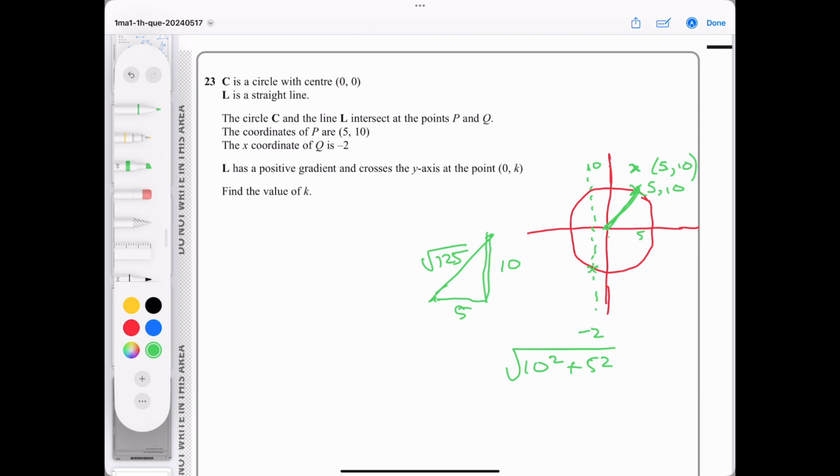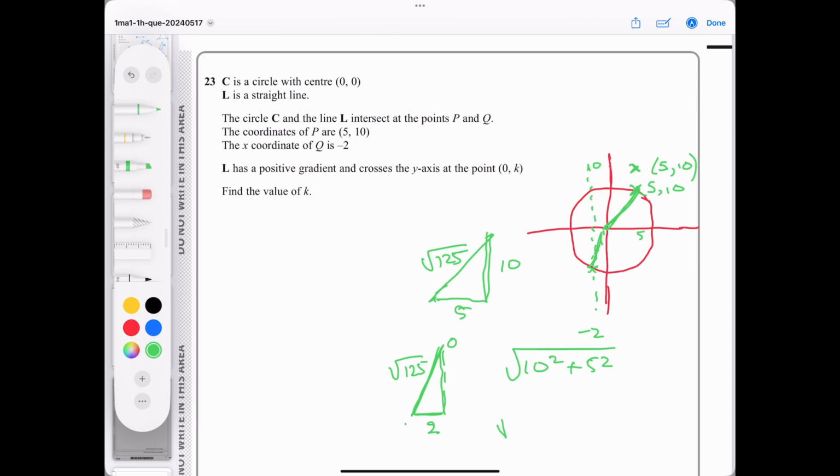So where does the radius cross minus 2? That would be there. This is 0, and this is minus 2, so that's 2. And the radius being root 125, that's quite good.